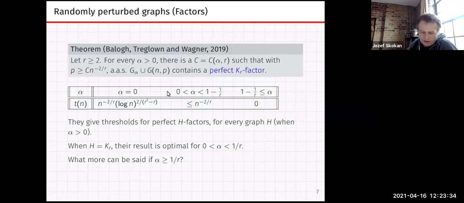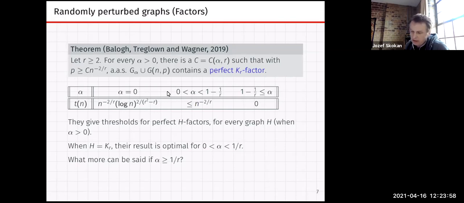So they prove that for alpha ranging from 0 to 1 minus 1 over r, the threshold is bounded by n to the negative 2 over r. And when your alpha is close to 0, meaning it's bounded by 1 over r, then you actually have equality, not just this inequality.